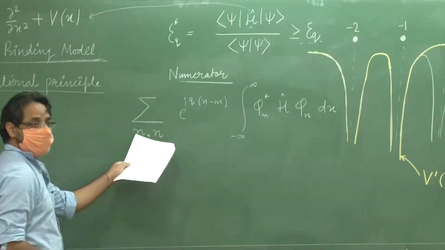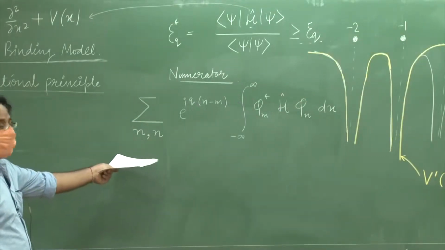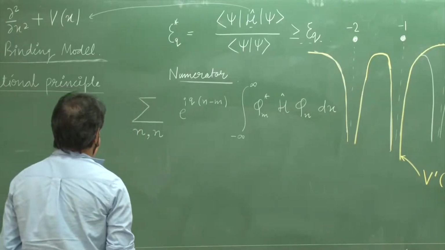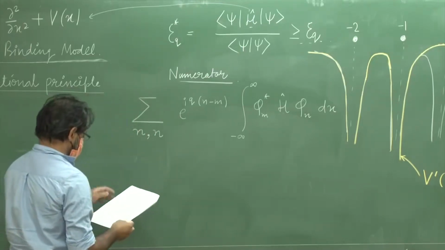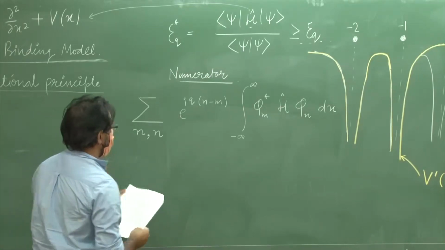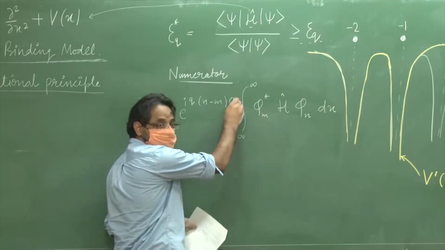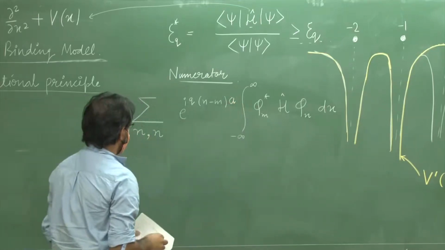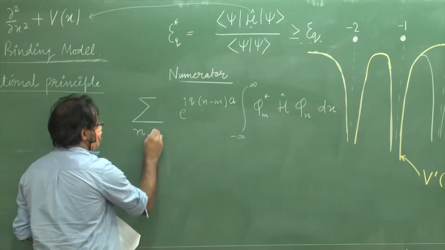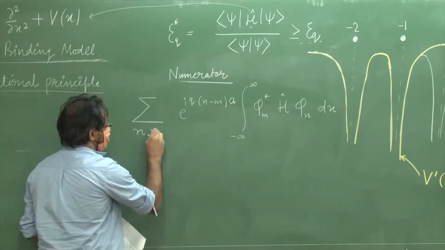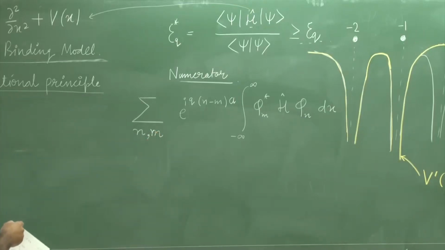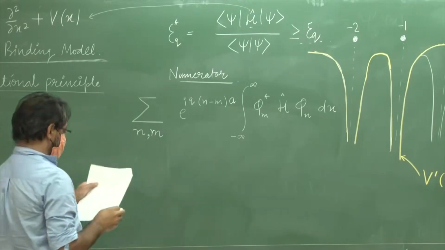Is this fine? Everyone is good? Summation is correct? Correct. Thanks a lot. These little mistakes, sometimes they cost a lot towards the end. Correct. So this is what the numerator is.